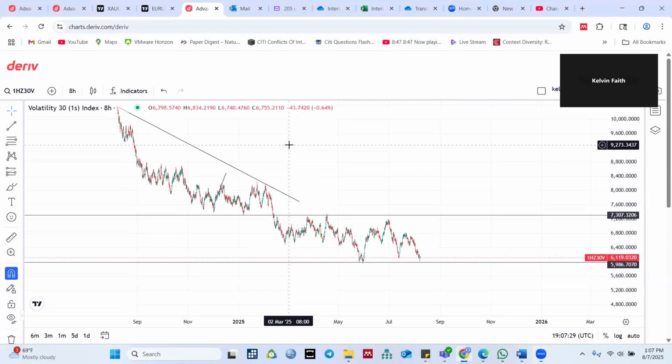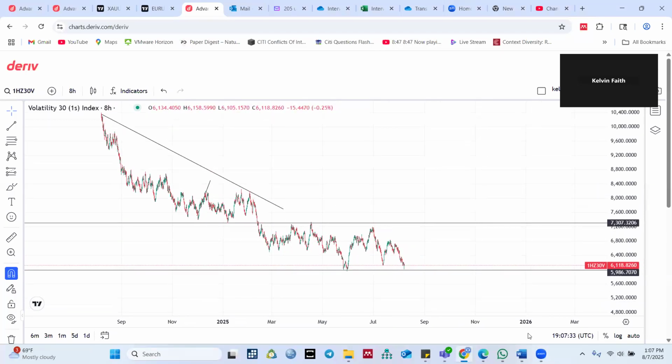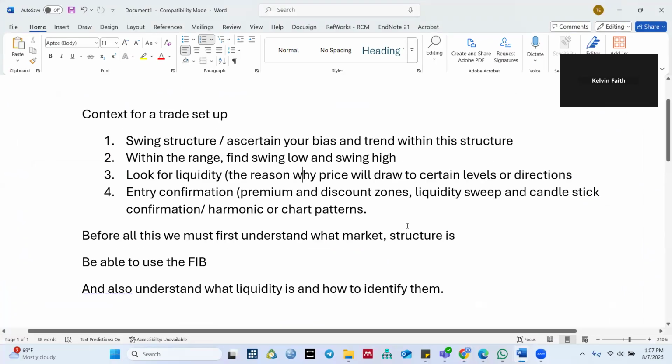So this is section 2, where we are trying to learn how to find a context for a trade setup. We discussed in session 1 that we first need to identify a swing structure, and that will help us ascertain our bias. Within that range, we'll be learning to find our swing lows and swing highs.